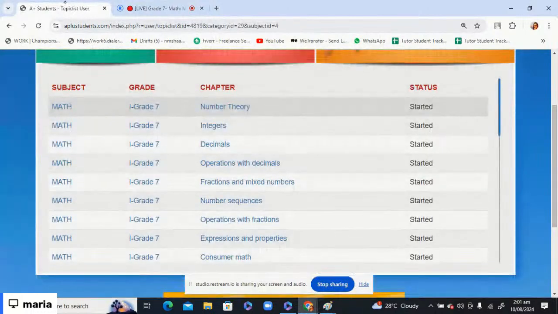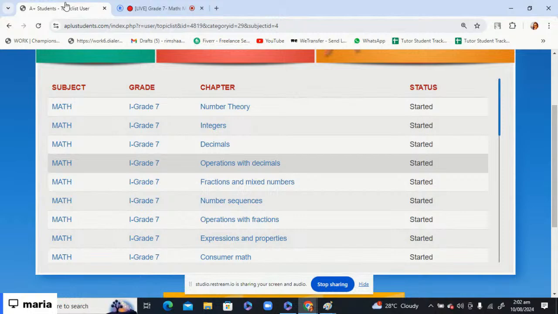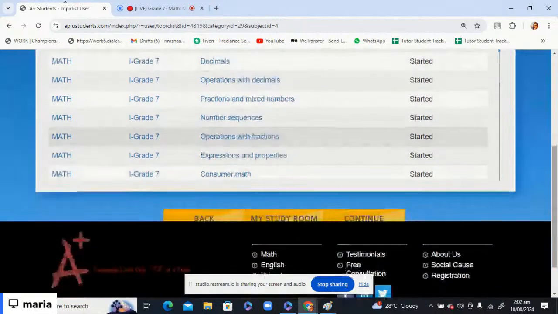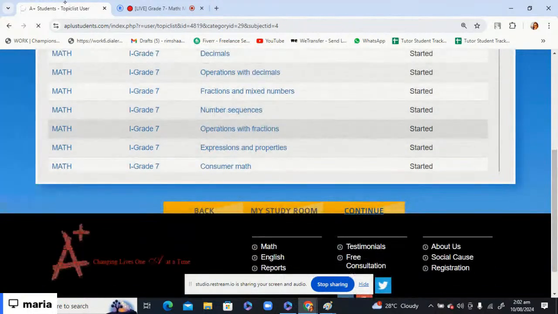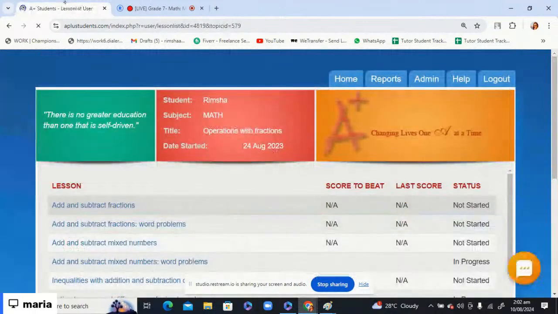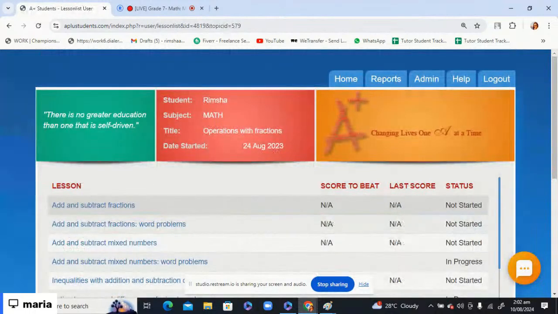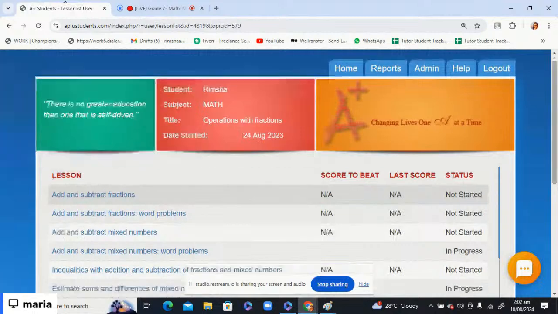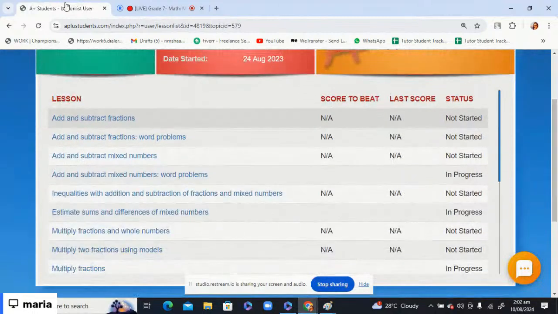So here is the list of the chapters. We are on operations with fractions, and continue, then multiply fraction and whole number. So today we cover that lesson, okay? This one.